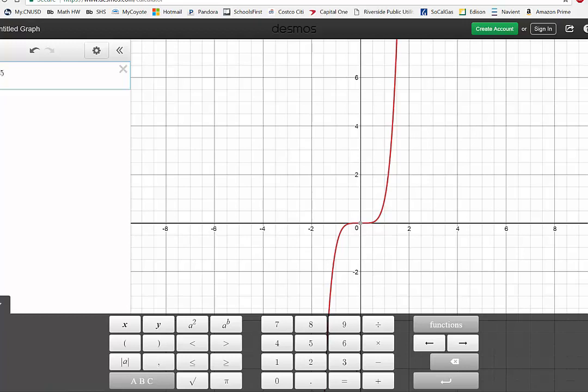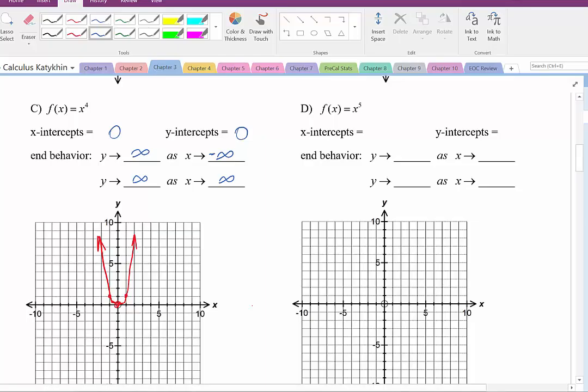It's just a little bit flatter, just like what happened with x to the 4th. We can see that this is still 0. So if we graph that, we're still going to get 1 here, and we're still going to get 1 here.